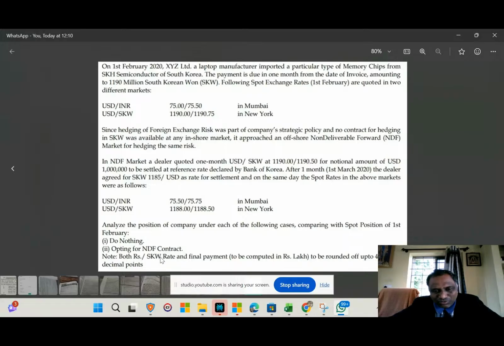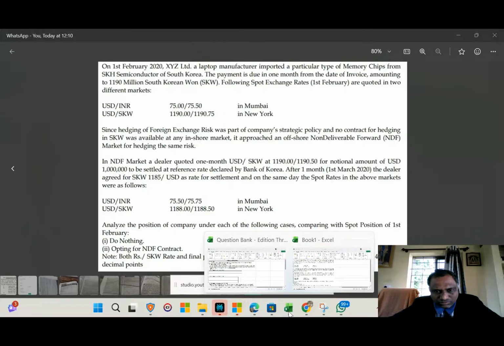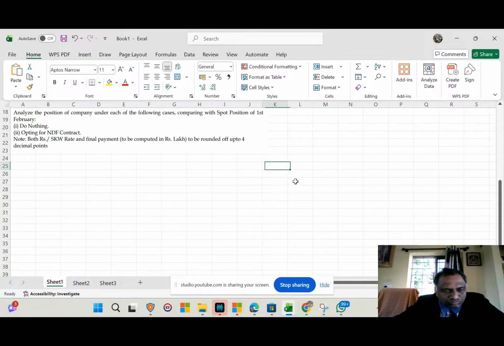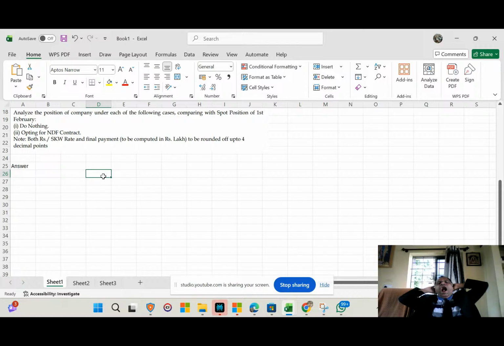Note that both the SKW rate and the final payment are to be rounded off up to 4 decimals. Now, this is the question we will answer. Just 5 minutes.